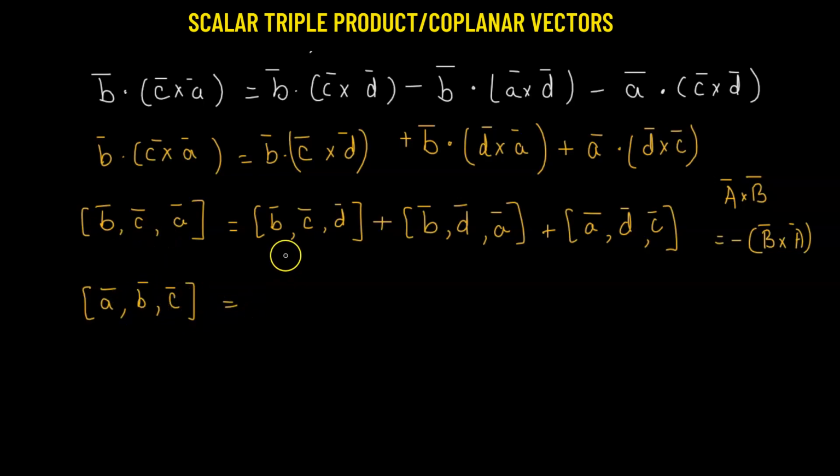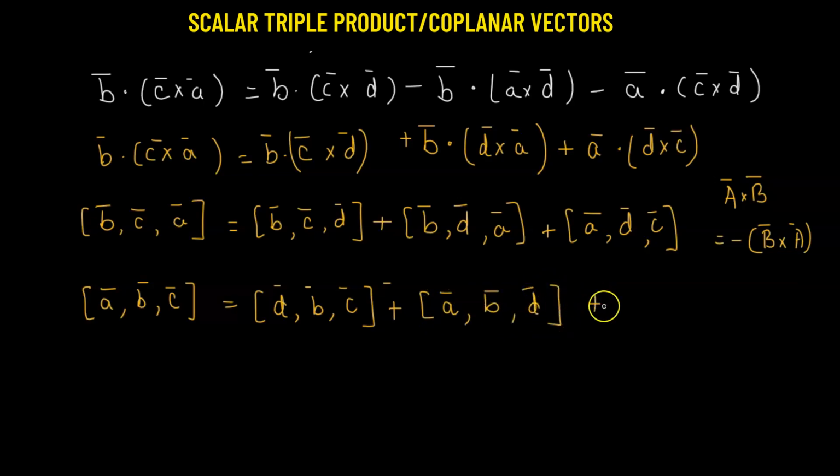Now BCD can also be written as D, B, C. Plus we have BDA, which can be rewritten as A, B, D. And we have ADC, so let's keep it as ADC. The whole reason I am doing it in this particular fashion is because this was what was asked to be proved. Hence, proved.